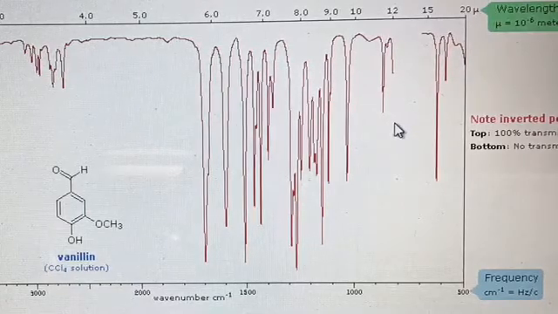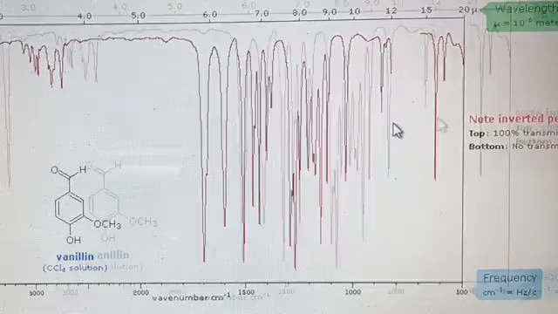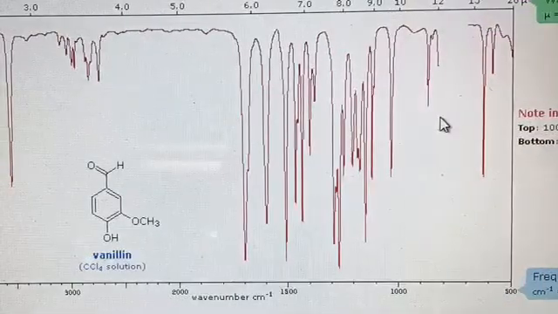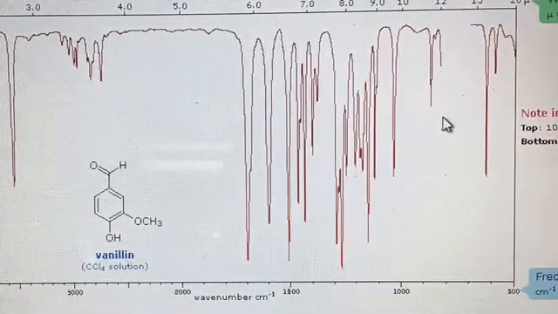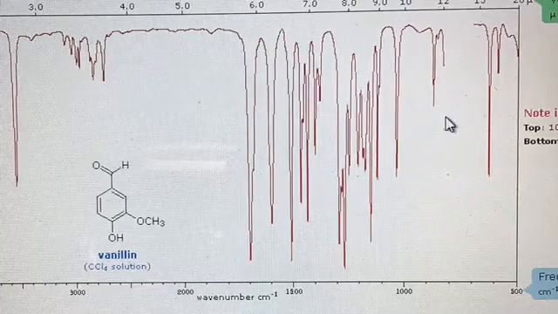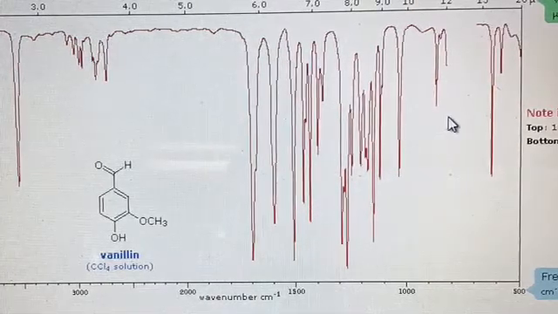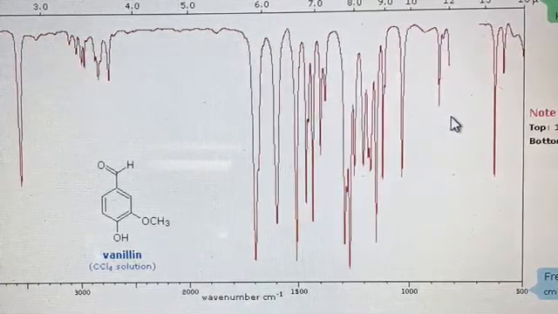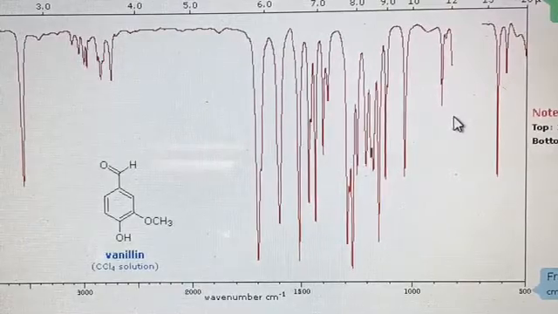So if you have two infrared spectra that match, then you can be pretty confident that we're looking at the same compound.